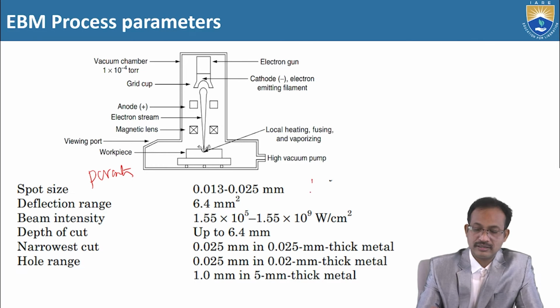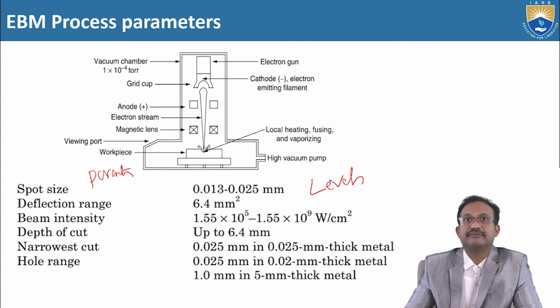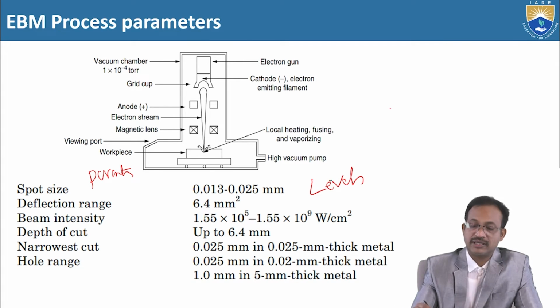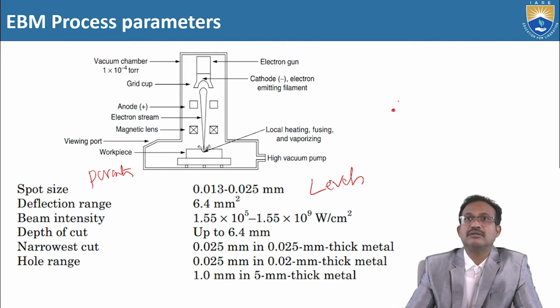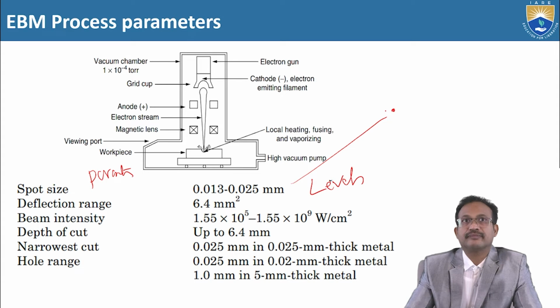Now these are the EBM parameter levels. Spot size: the electron spot size is 0.013 to 0.025 mm. Imagine how small that spot size is.